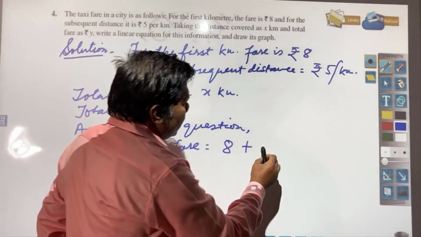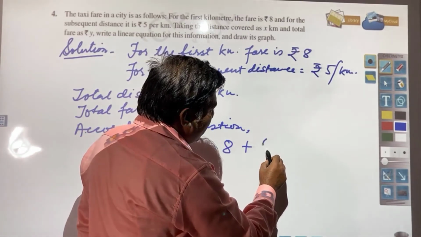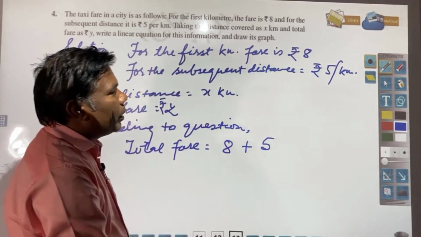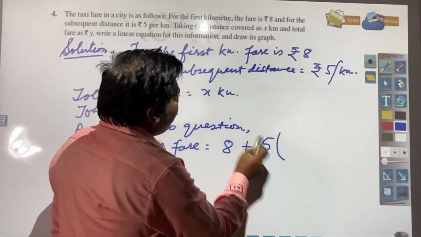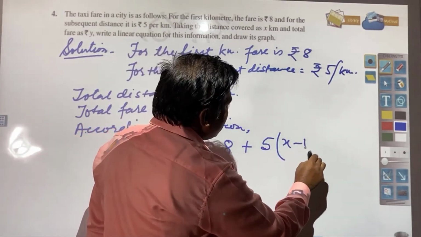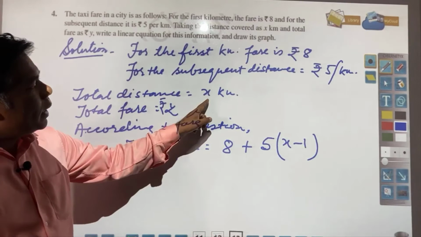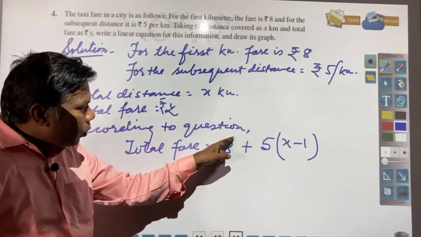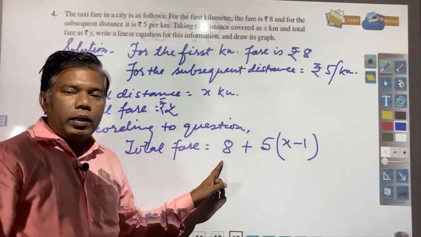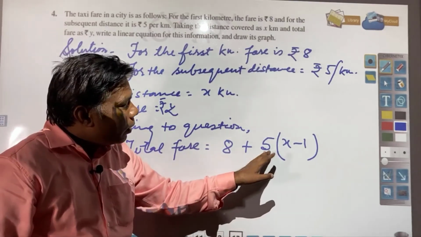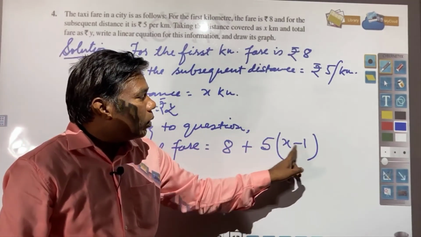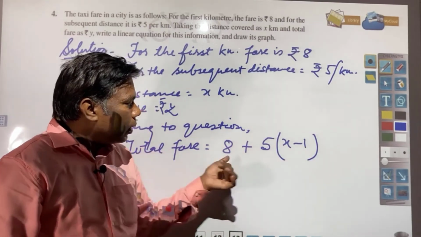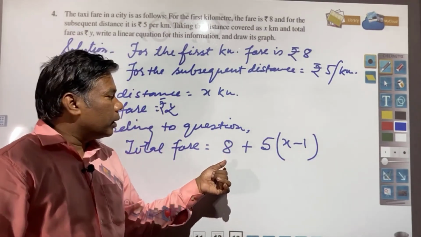It means for the subsequent kilometer, 5 rupees per kilometer. So how many kilometer has he travelled? 5 into (x - 1), because total kilometer is x. For 1 kilometer you have already paid 8 rupees. So when 5 is multiplied with the total kilometer, 1 is required to be subtracted, because for 1 kilometer you have already paid 8 rupees.